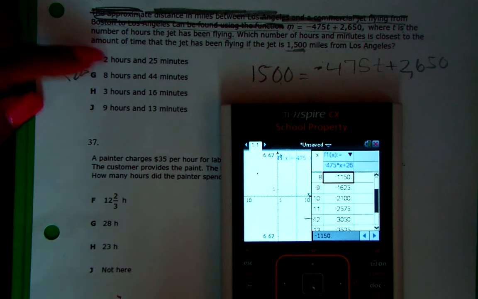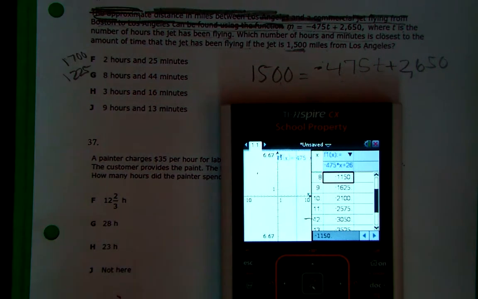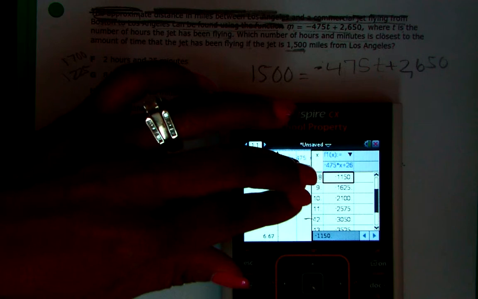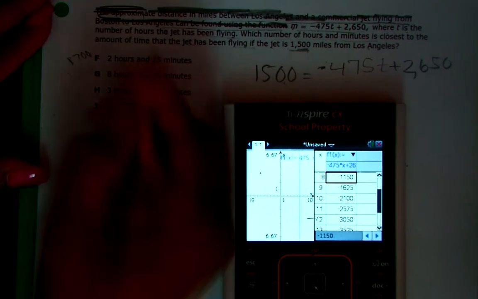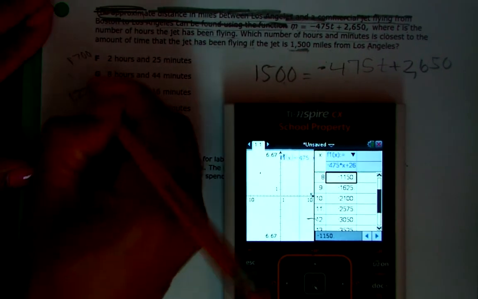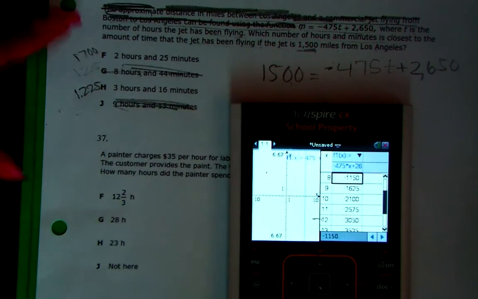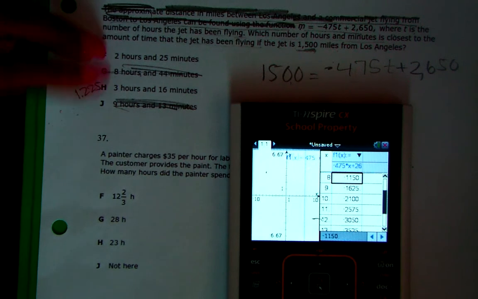I want to say that 2 hour is too much time, or the other way around, because it gets sort of twisted, so you have to really look at those numbers. So these two are negative, so you know that 8 hours and 9 hours is too much. Okay, so now you know it's either gonna be F or H.